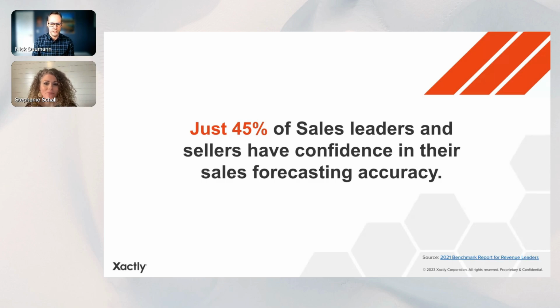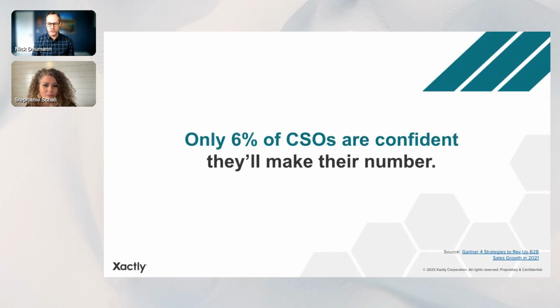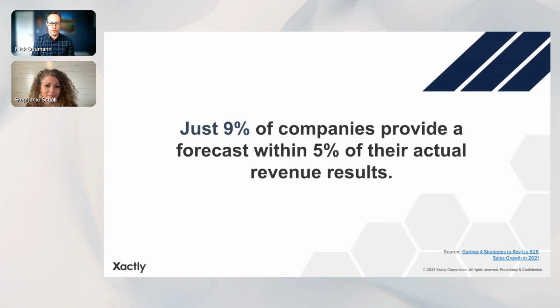Consolidating the data and agreeing across teams on what's most accurate is one of the biggest challenges. And only 6% of CEOs are confident that they're going to make their number, which is mind-blowing when you actually sit down and weigh everything that goes into it. In addition to this lack of confidence, a majority of companies are currently producing highly inaccurate sales forecasts.